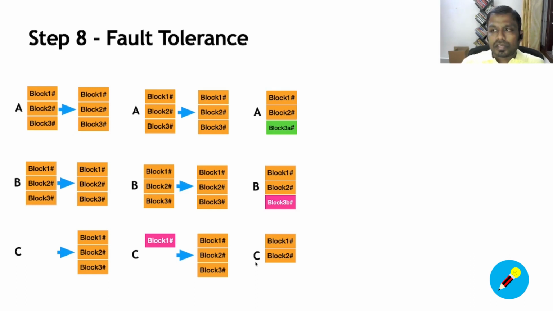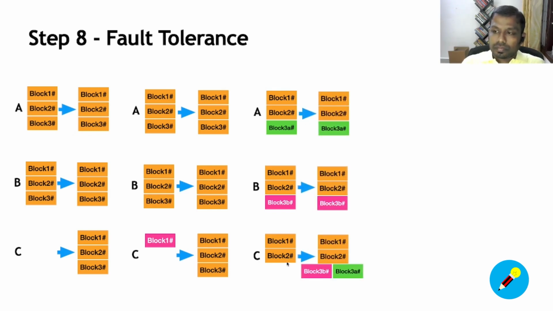The idea of blockchain that we are going to pursue here is that whenever any node undergoes such a conflict, wherein it's not able to find one long blockchain but finds multiple long blockchains, it simply holds both. So C is going to hold both, block 3B and block 3A.